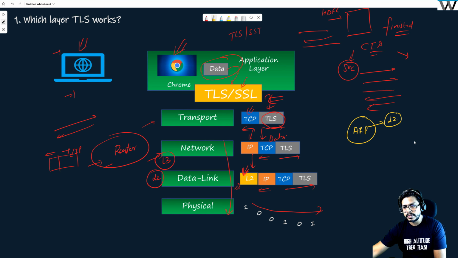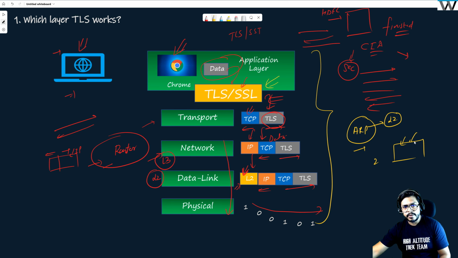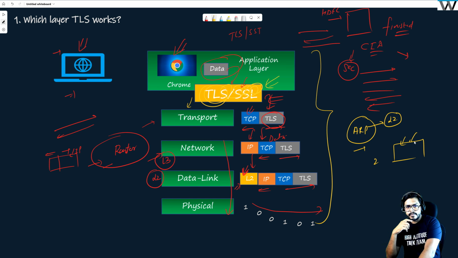I don't agree, because if you open the ARP packet, it contains IP address information also. So we call it layer 2, somewhere in the middle between 2 and 3. At the end of the day, these layers are just there for your understanding. That is why I have drawn TLS/SSL more towards the application layer and less towards transport. But at the end of the day, it takes the data from the application, passes the data to transport, and does its magic here, encryption and all.